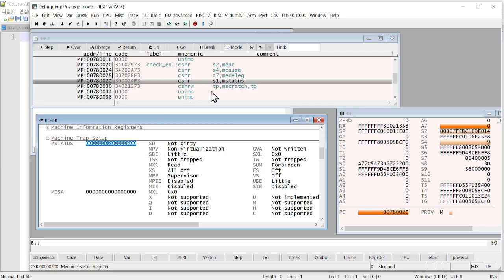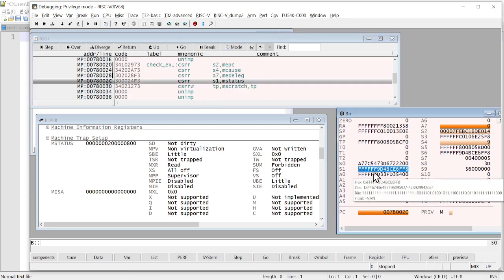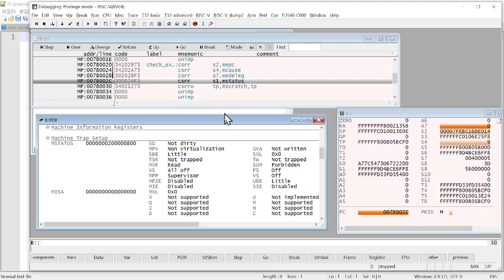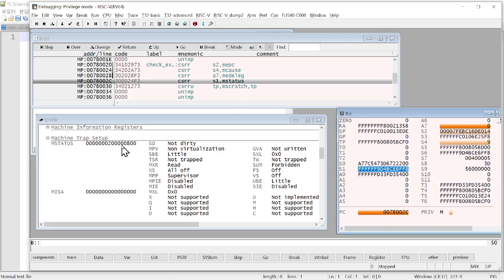After we run this instruction, you're going to see the S1 register, here it is. The S1 register is one of the general purpose registers in the RISC-V architecture. So if I run this instruction, you can see that the S1 register is updated to the value of this one.